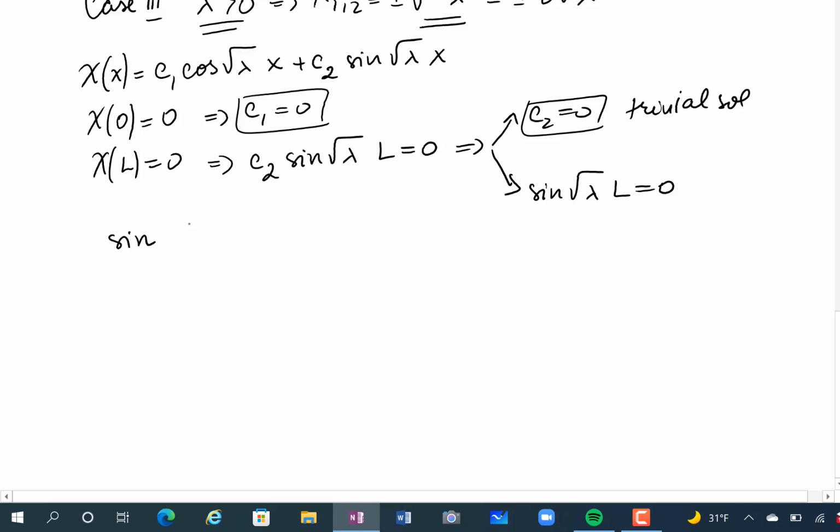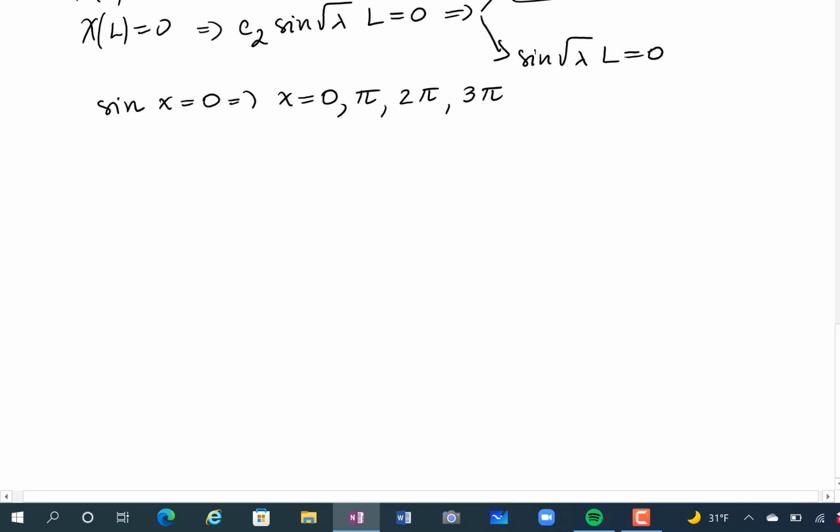Well, sine of x equals 0 means x equals 0, pi, 2 pi, 3 pi. So what does that mean? In our case, it means square root of lambda L is going to be equal to n pi, where n, in this equation we can have plus minus, right? But in this one, we can say n is an integer.